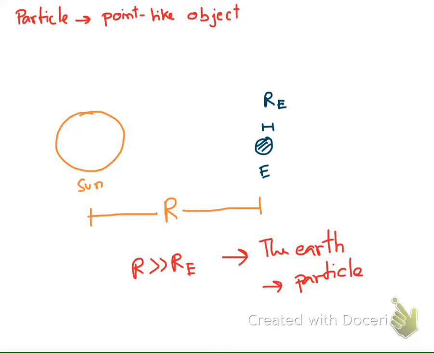Okay, so this is an example of the concept of the particle. We don't have a real particle in nature, but in many cases we can use the concept of the particle to describe the motion.